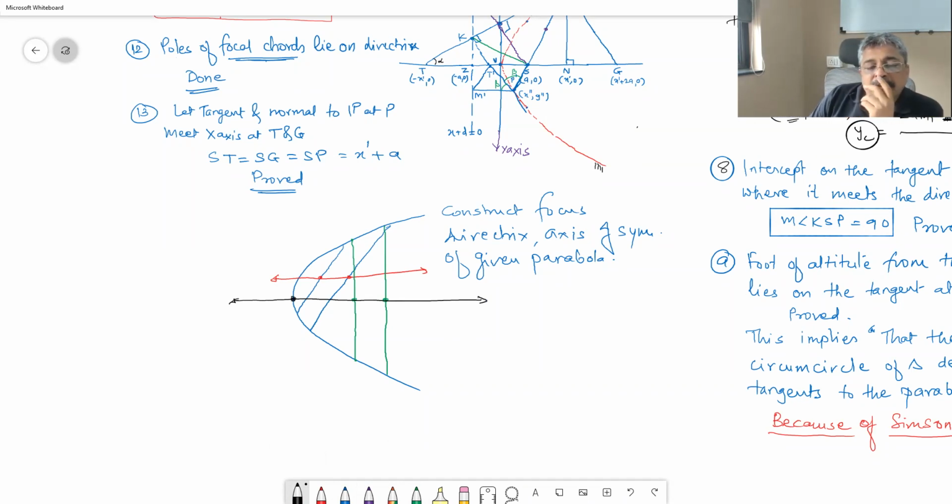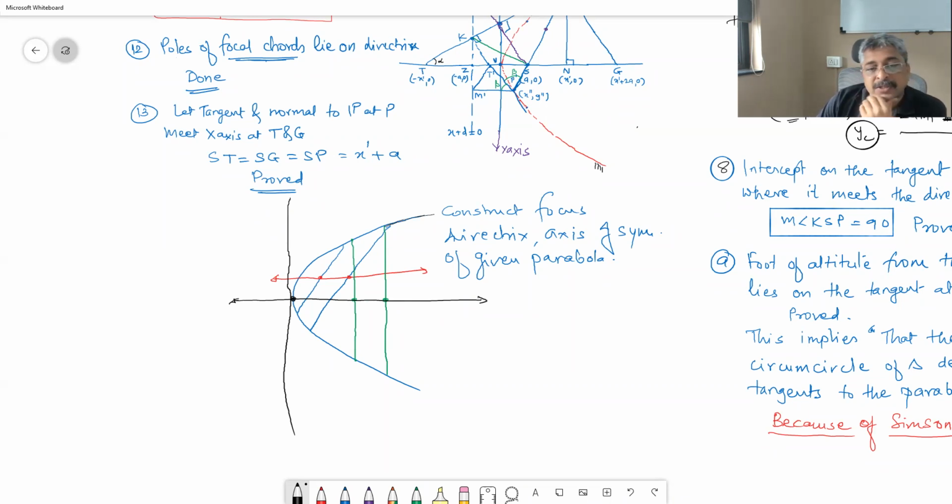So once you have got the axis of symmetry, we need the focus and directrix now. What is the fastest method to get them? You can draw a perpendicular line here. Okay. And then how do you arrive at the focus and directrix? So you don't know how to draw a tangent, huh?